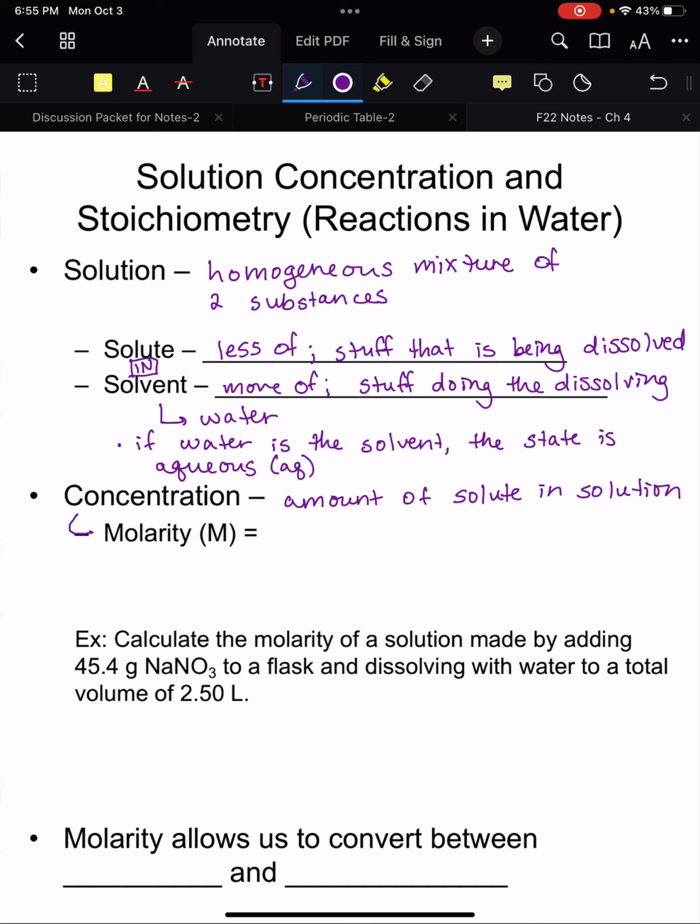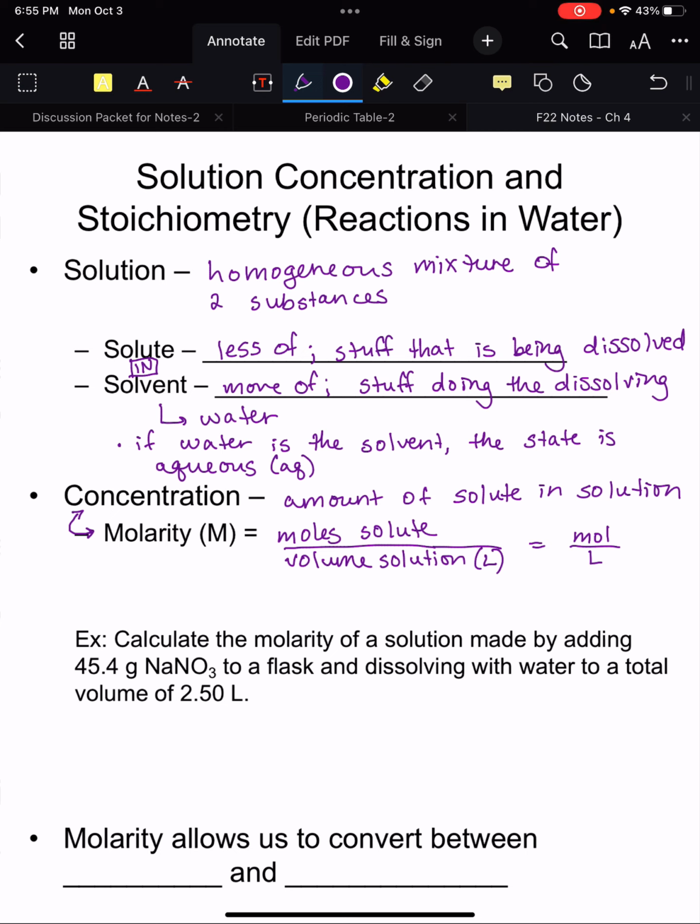But for right now, what I want you to know is that concentration is going to mean molarity in this chapter. So what is molarity? Well, molarity is the moles of our solute divided by the volume of solution, and this volume of solution has units of liters. So again, molarity has units of moles per liter.